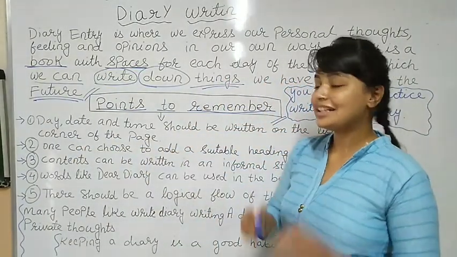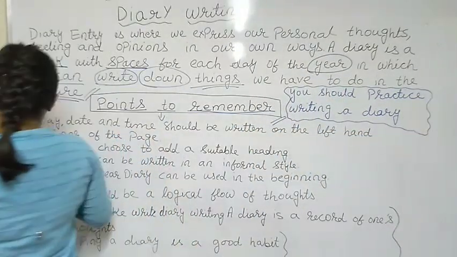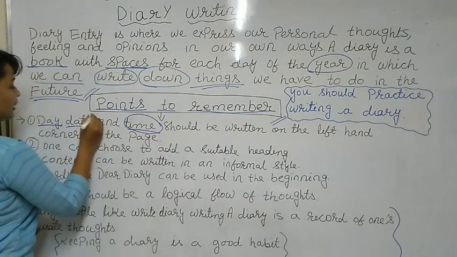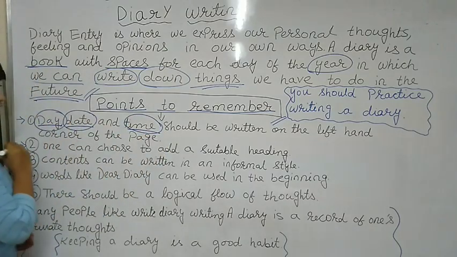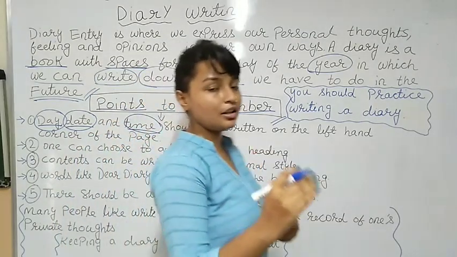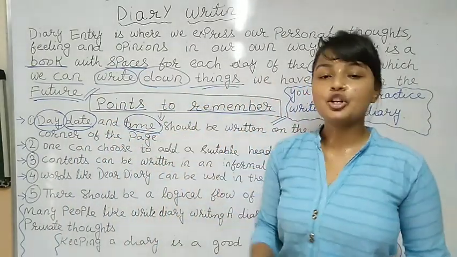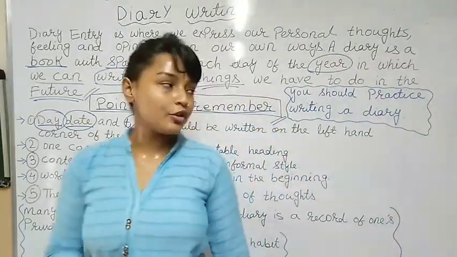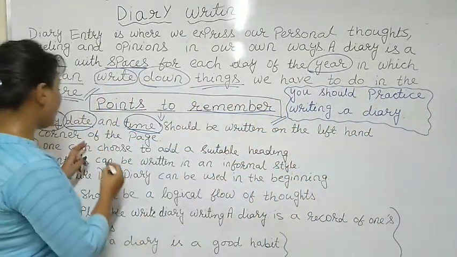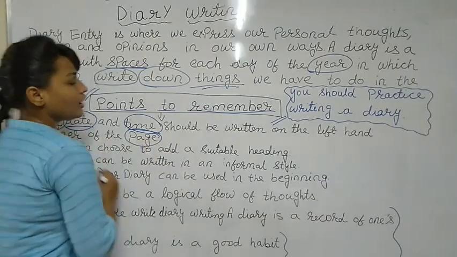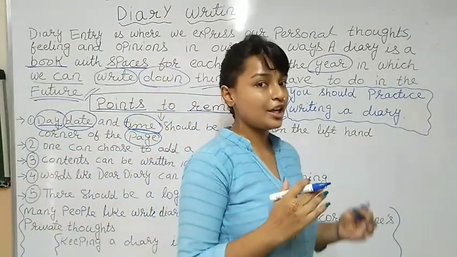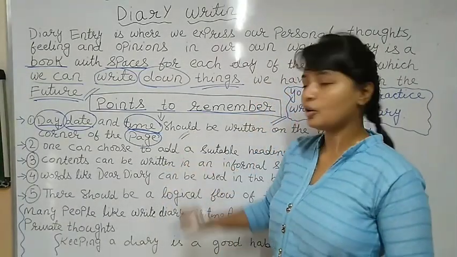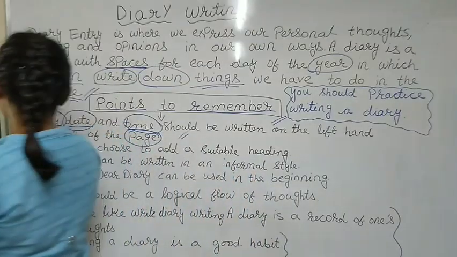So students, day, time and date, these 3 are very important in diary writing. We should write them on the left side, in the left corner of the page. When I make you write the example, we can see that format easily. Okay, so our first one is done.